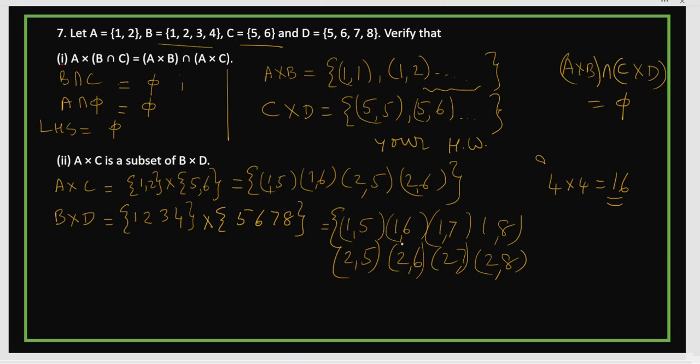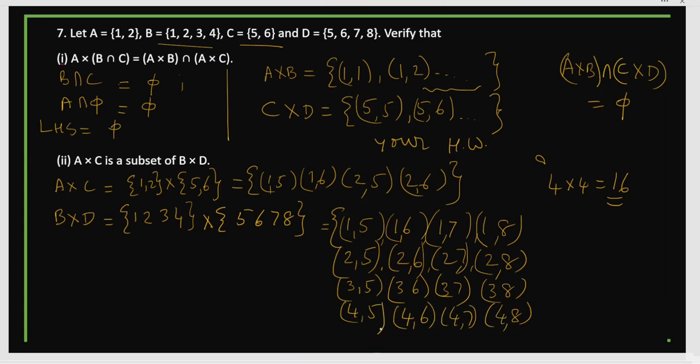Everywhere put commas. Third one, 3: with 3 you will have 3, 5; 3, 6; 3, 7; 3, 8. Similarly, you will have 4, 5; 4, 6; 4, 7; 4, 8.